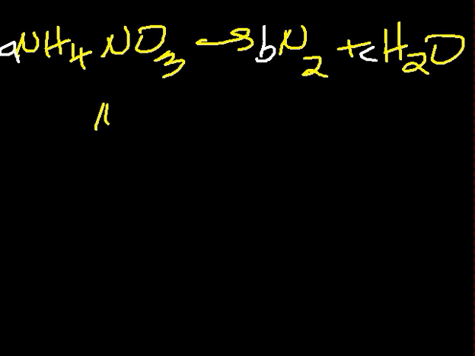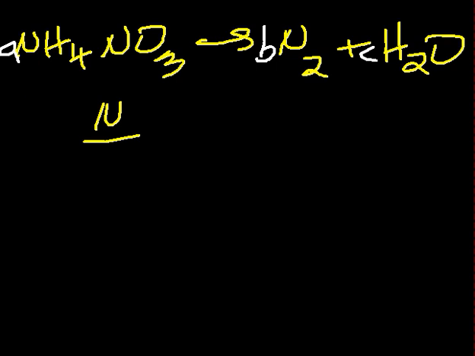So let's start with nitrogen, which is simply N. In this case, we have 2 atoms of nitrogen, because we have here 1 and also here 1, and together they are 2.